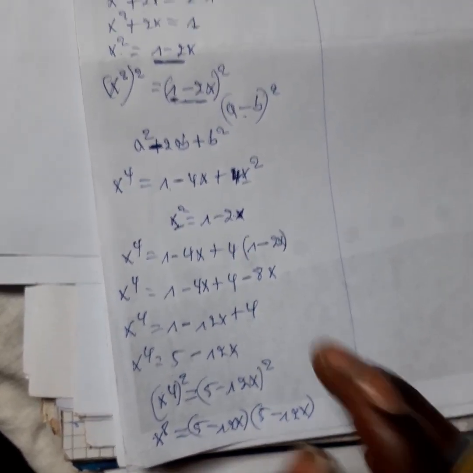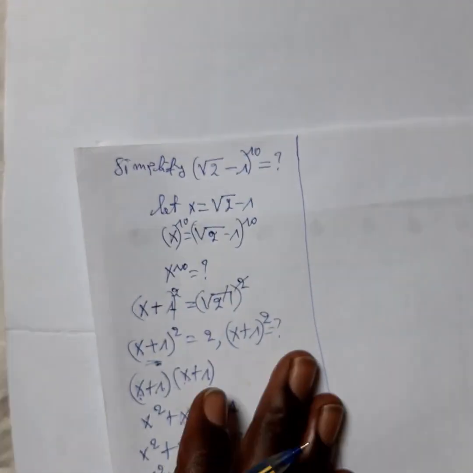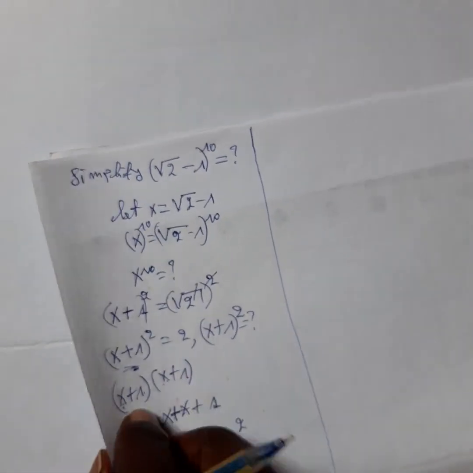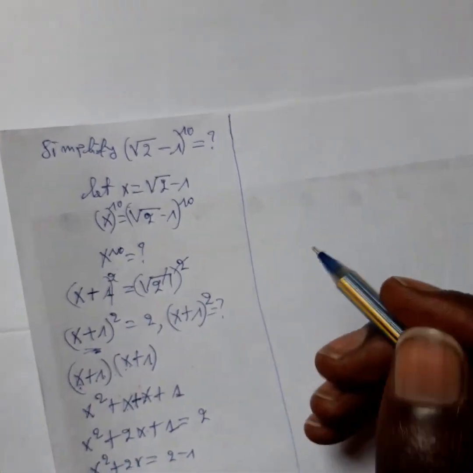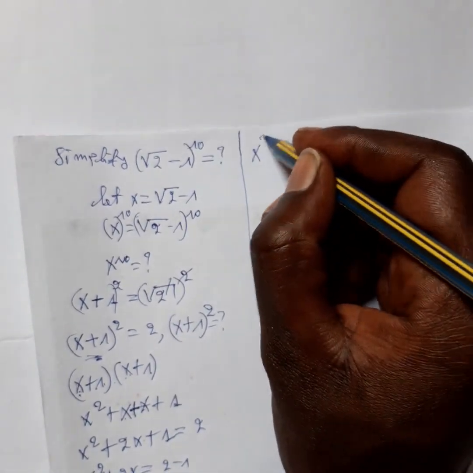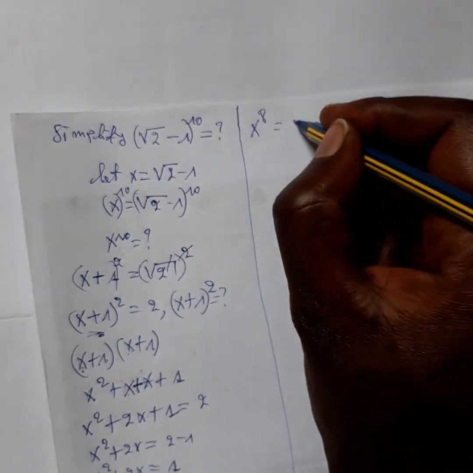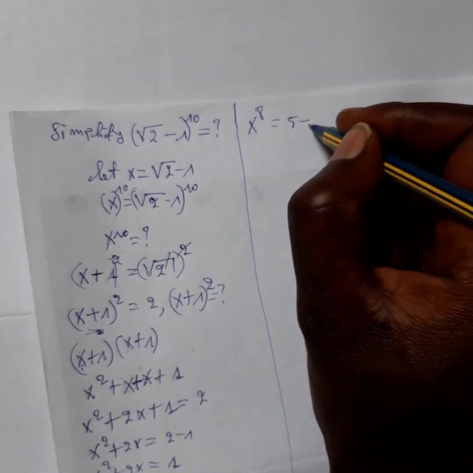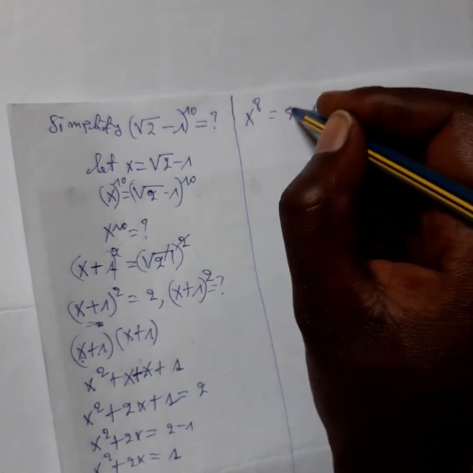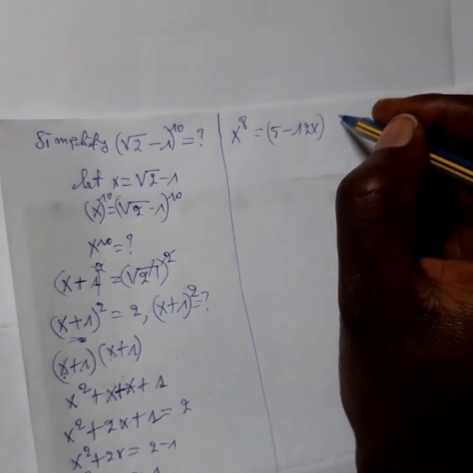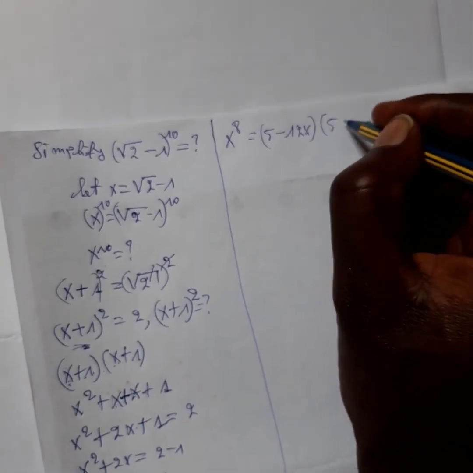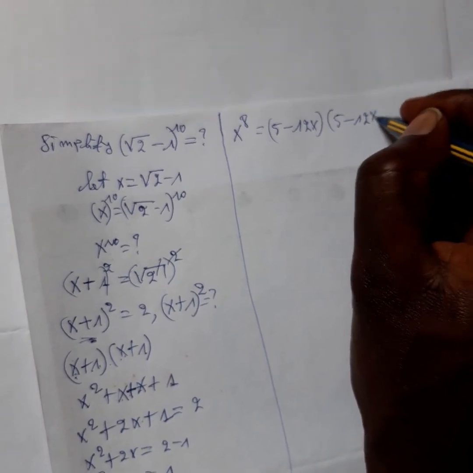Let's continue. So here we will have x to the power 8, which is (5 minus 12x) times (5 minus 12x).